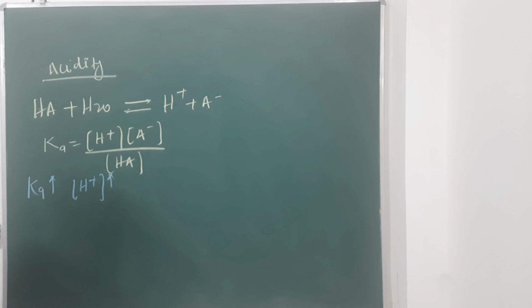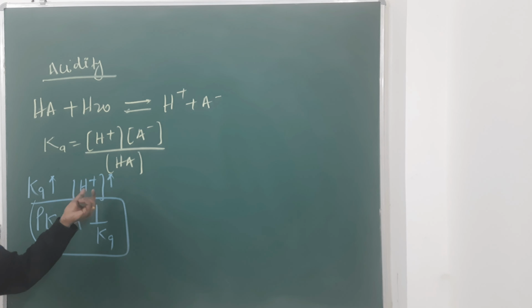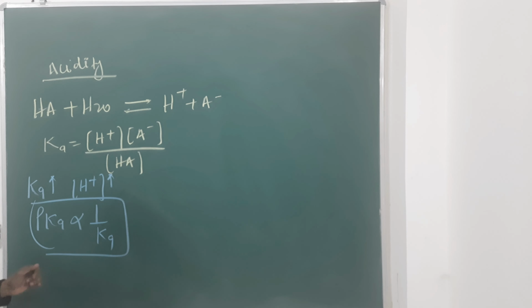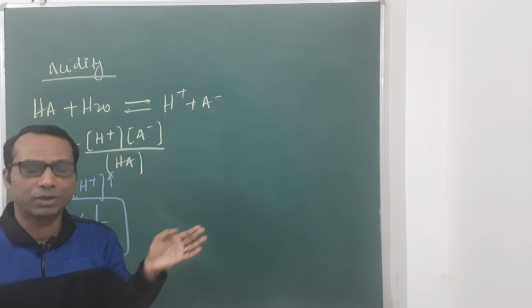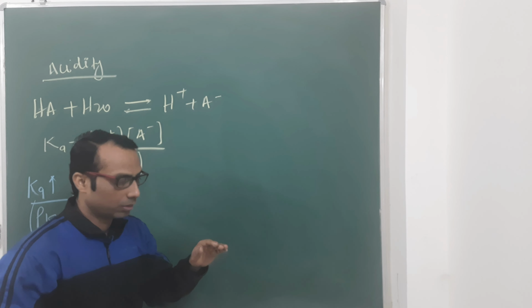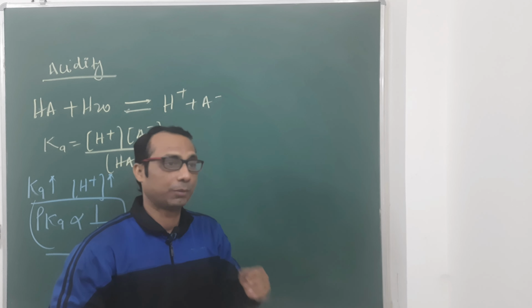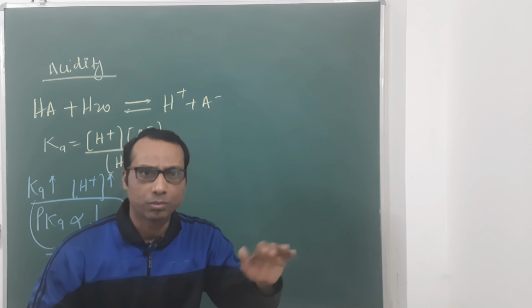At the same time, we can say that pKa is inversely proportional to Ka. So the higher the pKa, the lower the Ka, correct? So you can deduce which is the stronger acid either through H plus, or through Ka, or through pKa, correct? And we know that if an acid is a very strong acid, the pKa is near about zero.